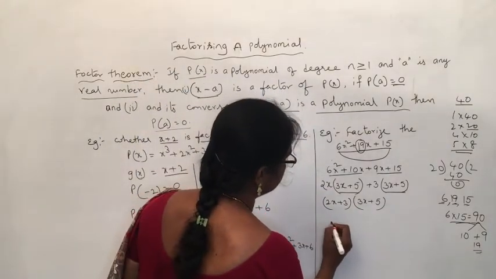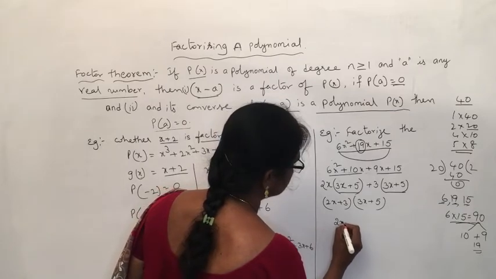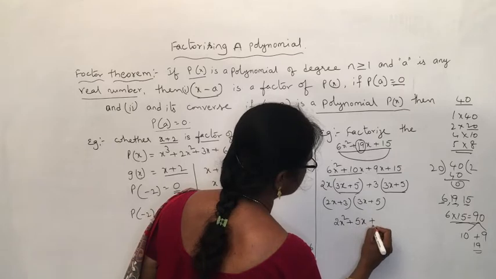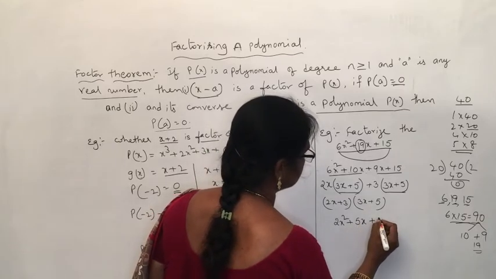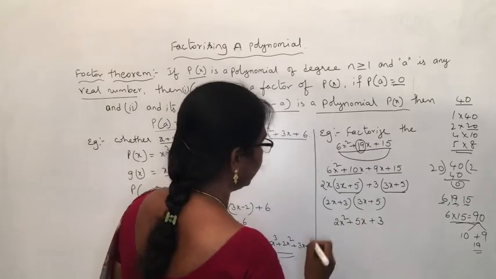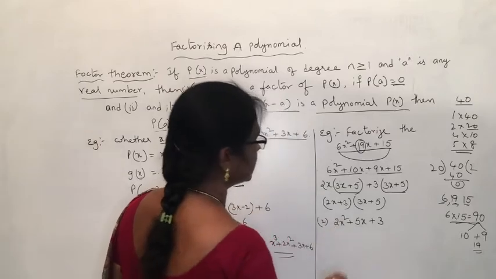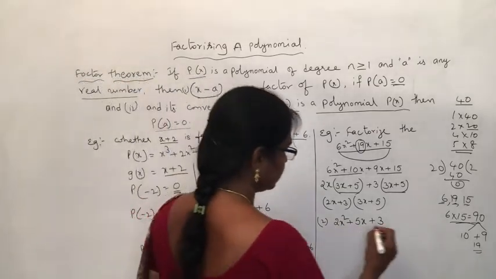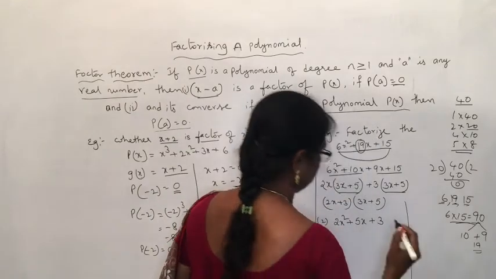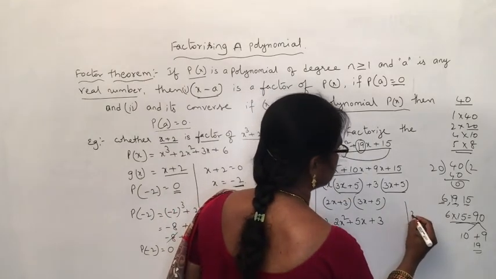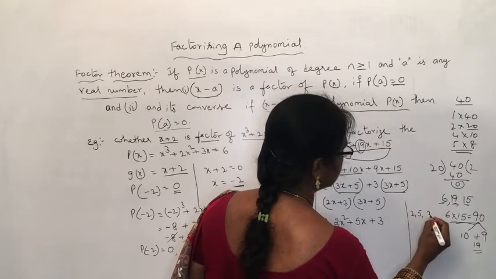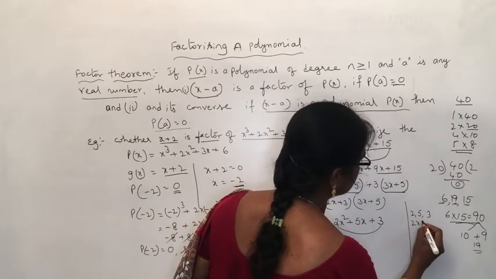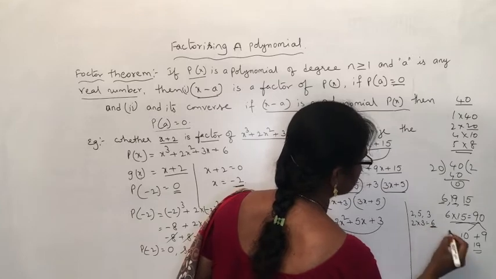Now one more example. 2x square plus 5x plus 3. How to write? Now what are the coefficients? 2, 5, constant 3. Now we have to multiply 2 3s are 6.